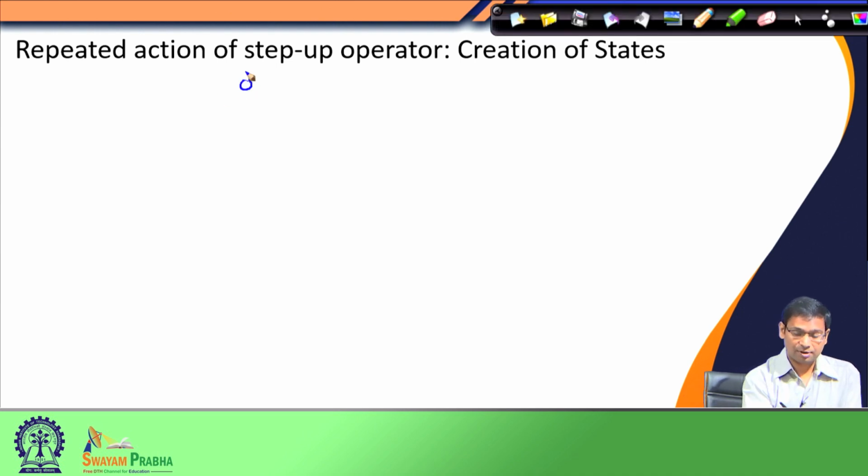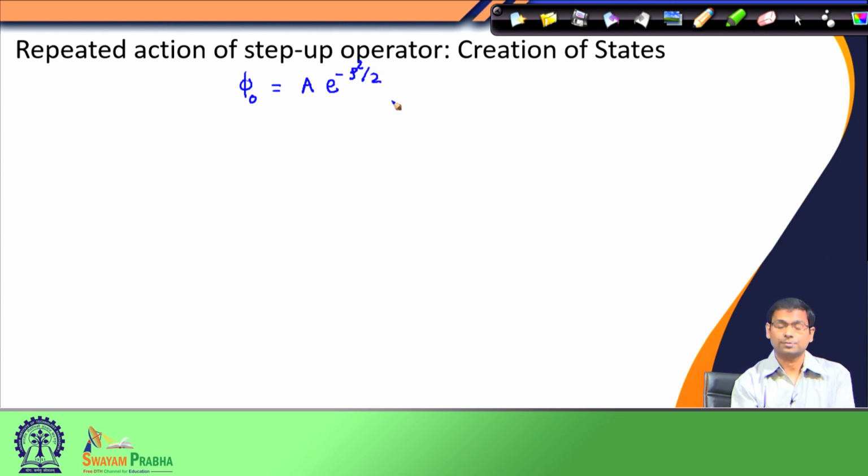So, we have phi 0 as a normalization constant multiplied by the Gaussian function e to the power minus rho square by 2. This is in dimensionless coordinate. We know that, but we still do not know what is phi 1.